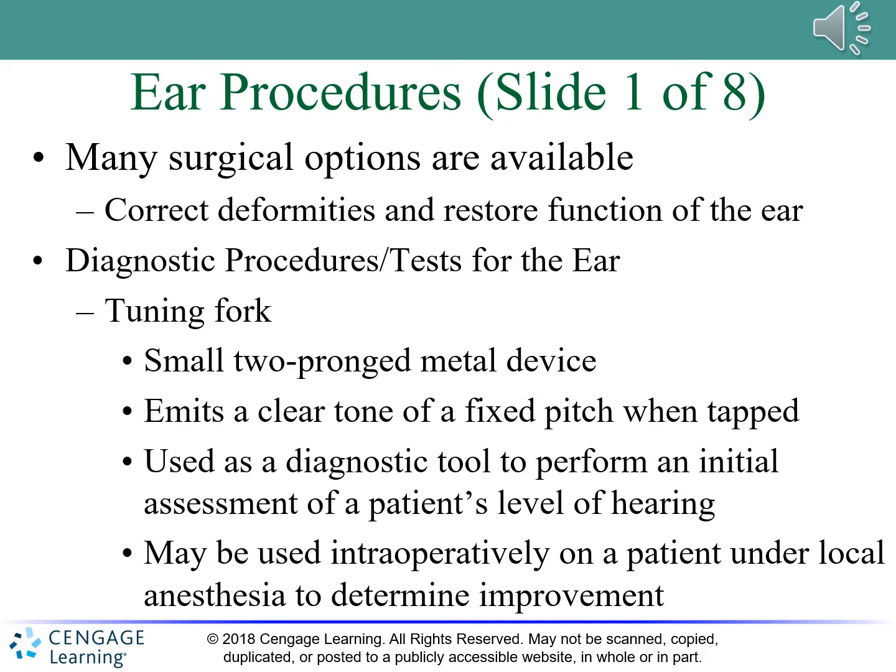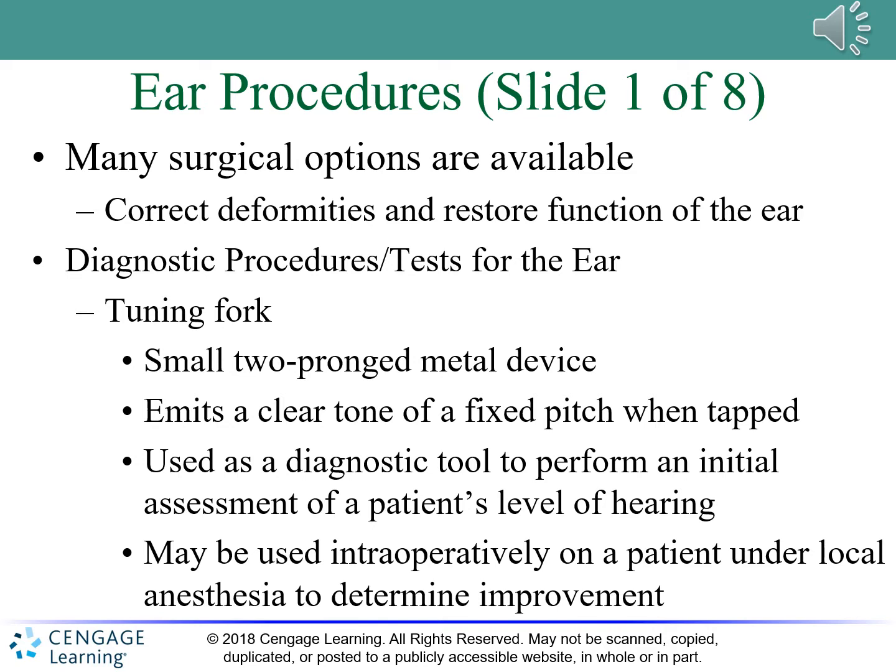Under the ear procedures, under diagnostic procedures and tests, that second sentence, the tuning fork is used as a diagnostic tool to perform an initial assessment of a patient's level of hearing and may be used intraoperatively on a patient under local anesthesia to determine improvement in his or her condition.